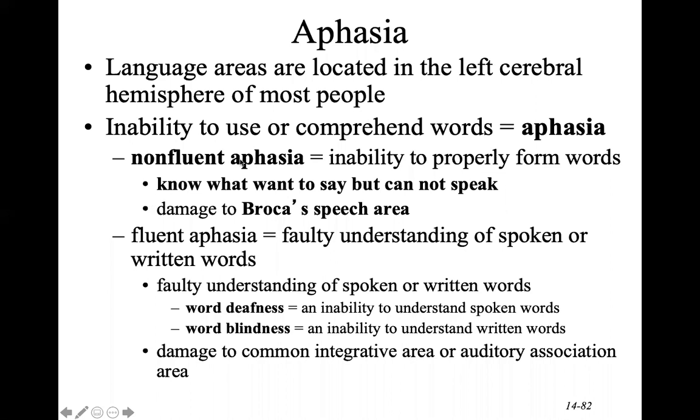So non-fluent aphasia is different than fluent aphasia. Non-fluent aphasia is the inability to properly form the word, whereas fluent aphasia is the faulty understanding of what was said to you or what was written and what you're reading. Sometimes you can misunderstand things through word deafness, which is the inability to understand what people said, or word blindness, which is the inability to understand what you just read.